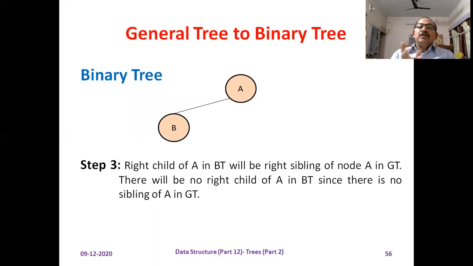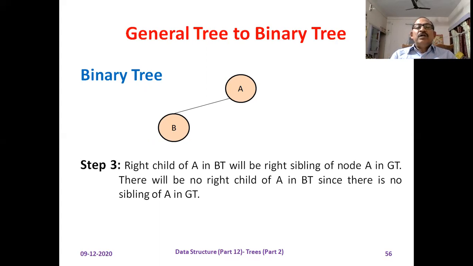What is the sibling of node A in the general tree? We can say there will be no right child of A in binary tree since there is no sibling of A in general tree. Why? Because A is the root node and root node does not have any sibling.